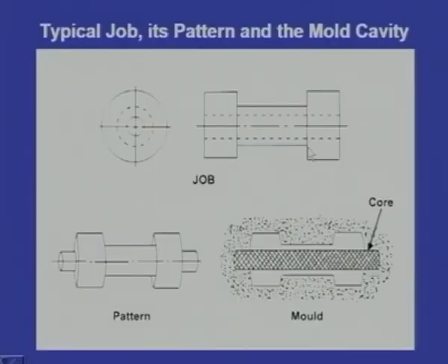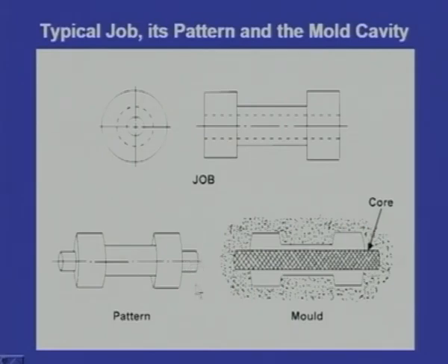Let us see, this is the component to be manufactured and this is the pattern. So the pattern will have this shape and this is the core print. Actually, to make this kind of shape, this projection is not required even, right.